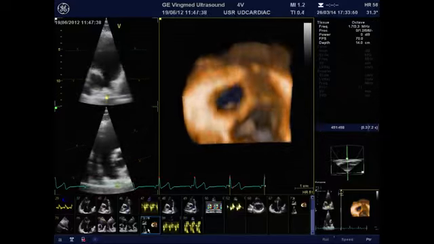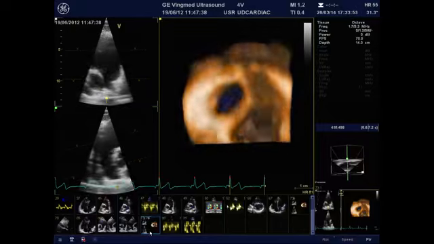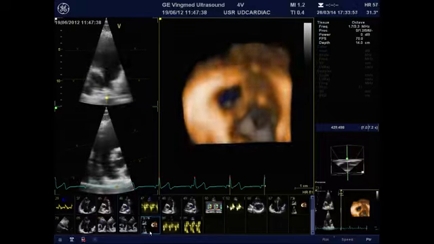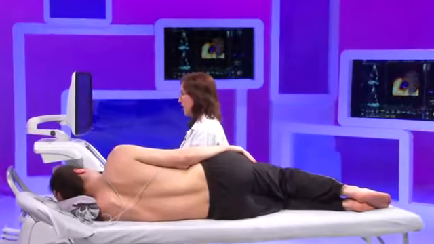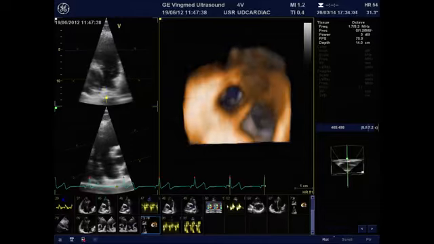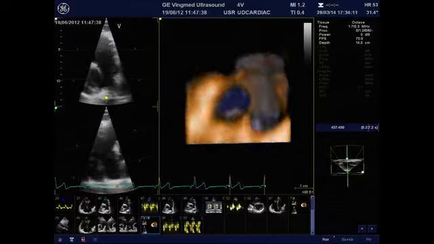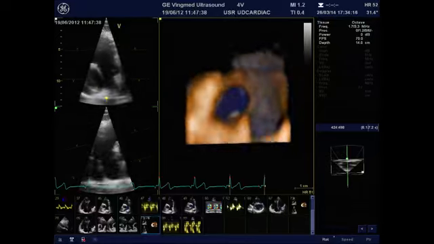Here the point of view is from the pulmonary artery, and you can appreciate from this image aside that there is lack of coaptation in diastole. If I freeze the image, you will see a hole here, and if I play the image, you will see that only 2 of the 3 cusps are visible. So the morphology of the valve is indicative of a primary cause of the pulmonary regurgitation.